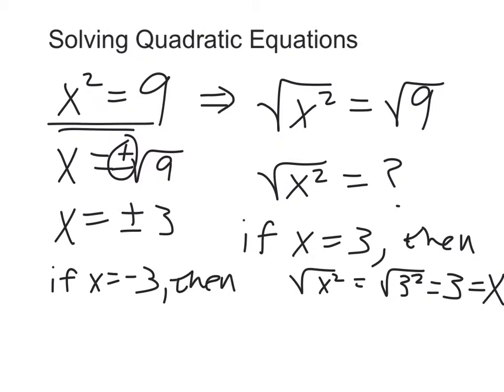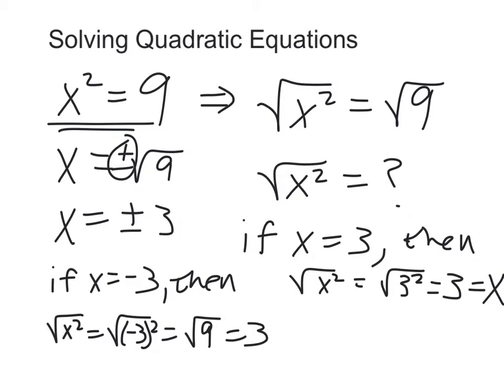Does square root of x squared equal x this time? Well, technically, square root of x squared, if x is negative 3, the answer turns out to be 3. That's not x. X is negative 3.